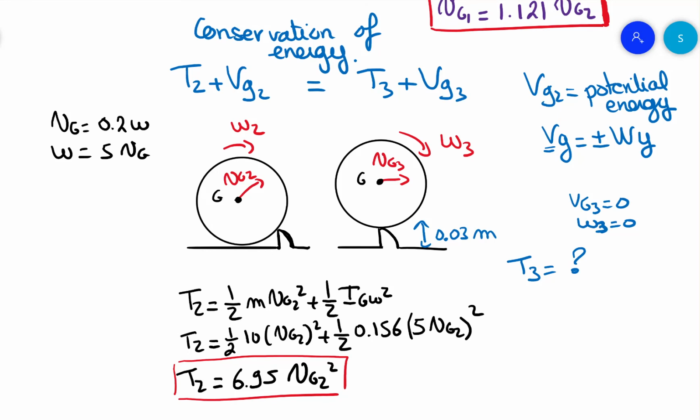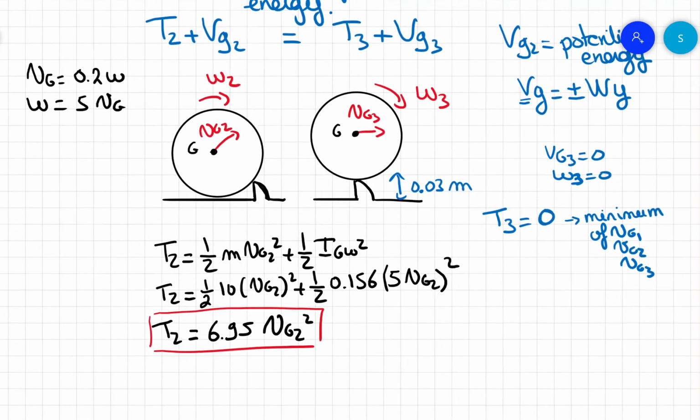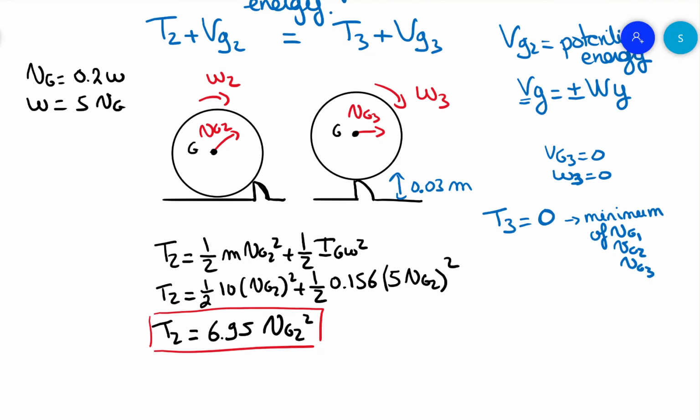Anything more than that, the wheel will roll over, but that must be at least 0. So T3 is equal to 0 because we look for the minimum value of Vg1, so minimum of Vg2, so minimum of Vg3 too. And the minimum is 0. If it's less, it will not go over, it will go back. It will stop there.